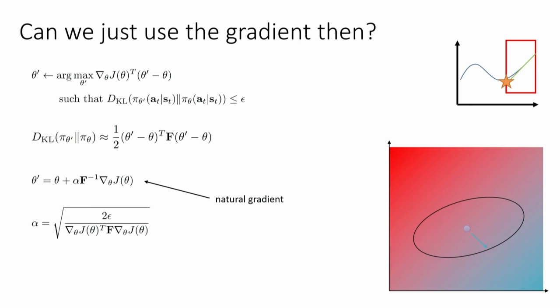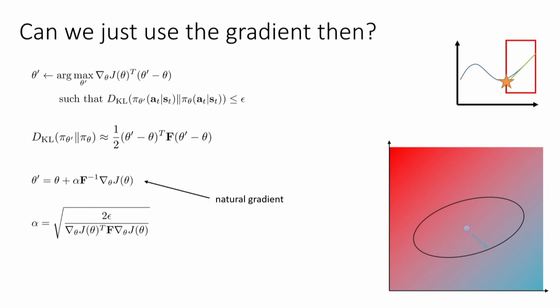Why is it called the natural gradient? Well, because this gradient will change your distribution by the same amount regardless of how that distribution is represented. So maybe you want to parameterize your Gaussian in terms of mean and variance, or maybe for some reason you want to parameterize in terms of squared means and log variances.